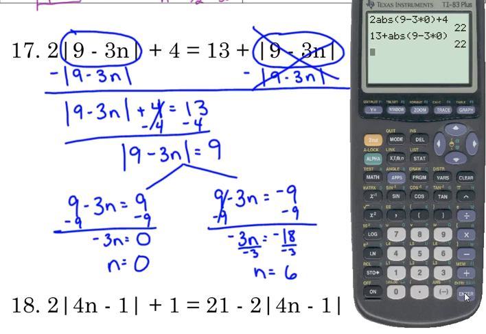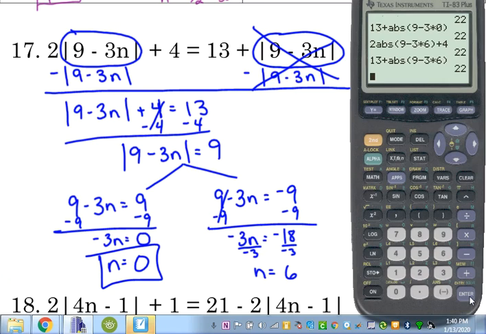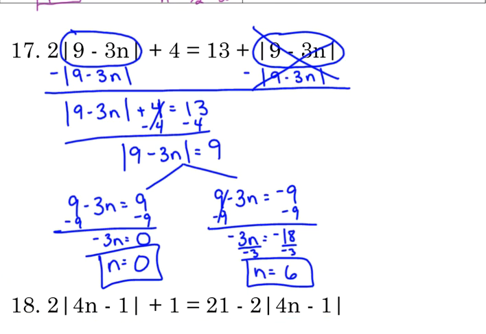When you plug in 0, you get 22 for both sides, so 0 checks out. And I'm going to cheat a little bit. Second enter, replace the 0 with the 6. We get 22 again. So 6 checks out as well. So 2 solutions are confirmed in that case.